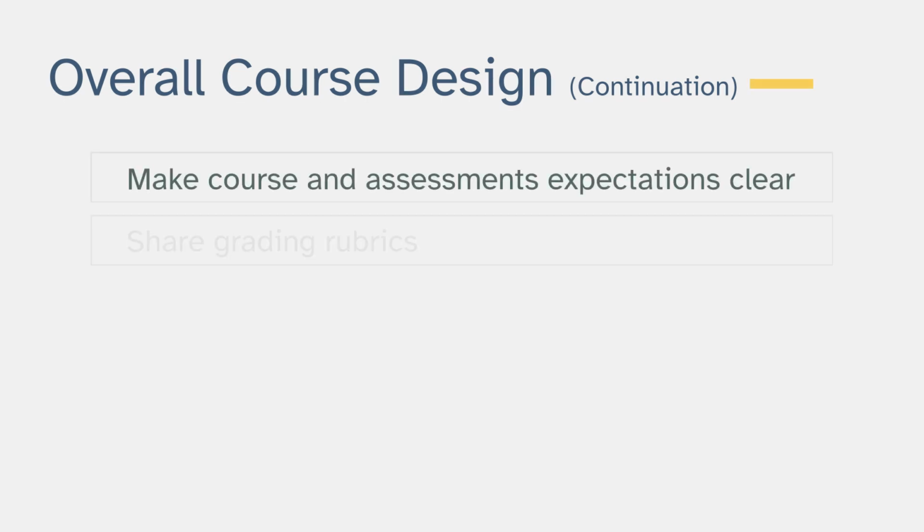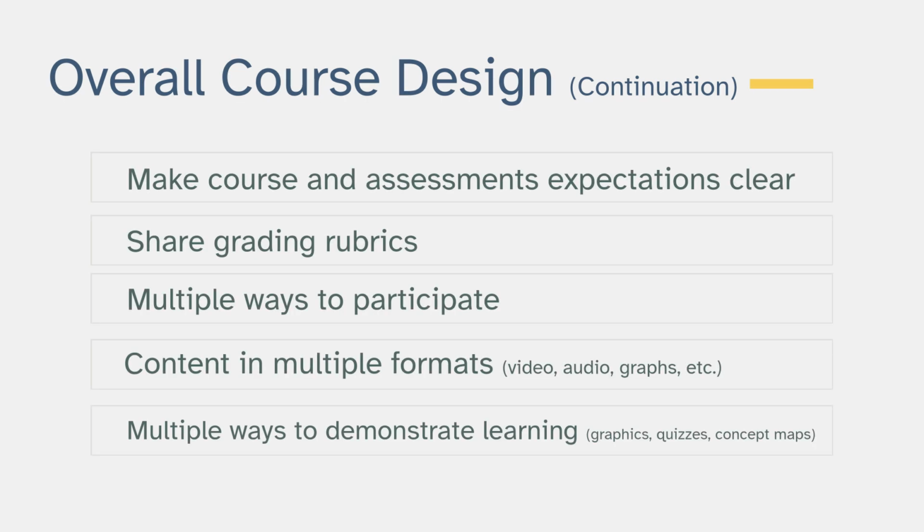Make course and assessment expectations clear. Is it clear to students what they are expected to do? Whenever possible, present assignment instructions using bullet points or numbered steps. Breaking directions into smaller, clearly defined actions makes them easier to follow and reduces unnecessary cognitive load. It also helps you, as the instructor, quickly identify whether a step needs to be added, clarified, or reordered.